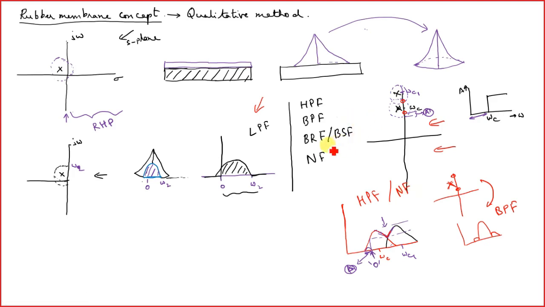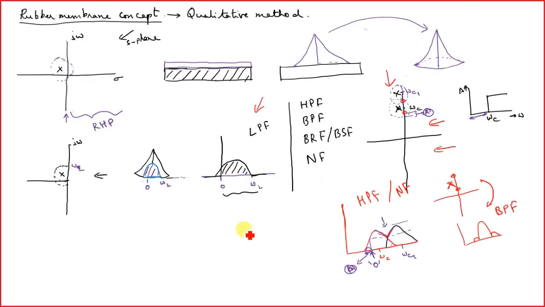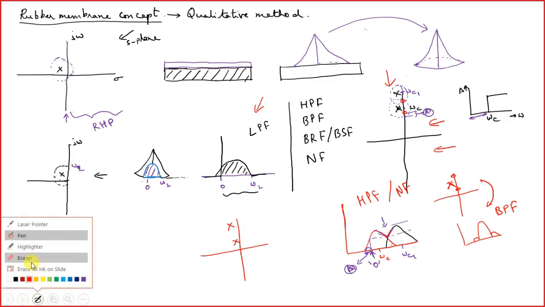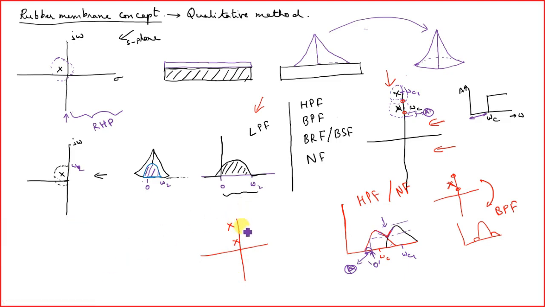Now coming to the band reject filter or band stop filter. Again, I would take this example. In this example, what will happen? You have 2 poles, right? Now band reject, you have to reject the bands. So what you do? Just between these two, you place 2 zeros.